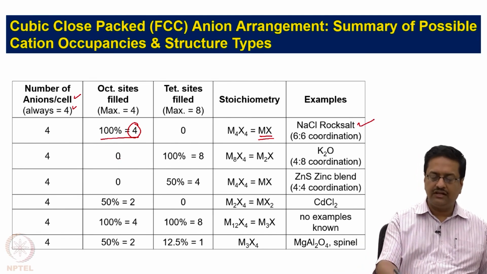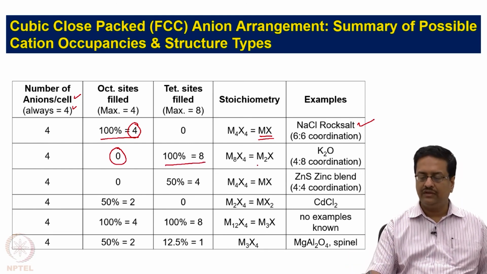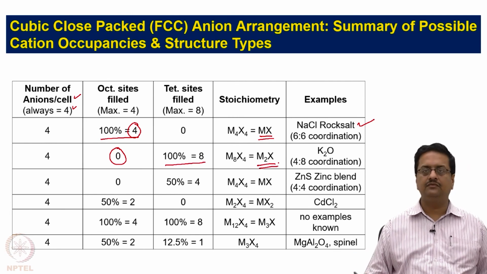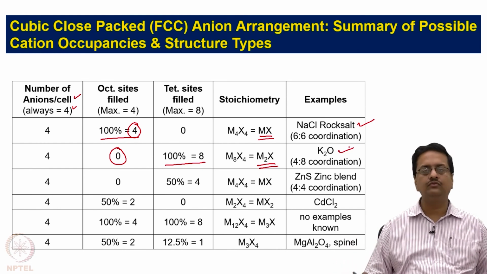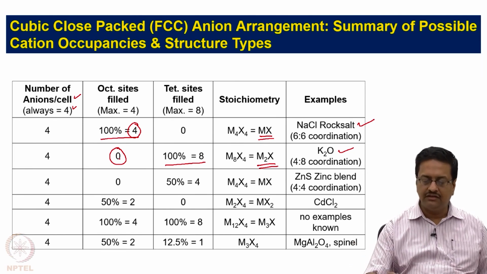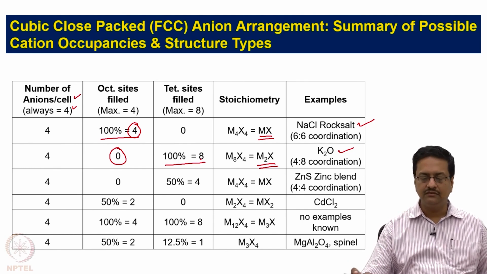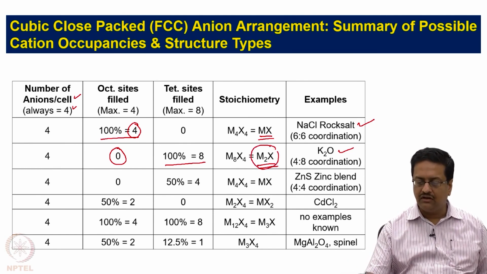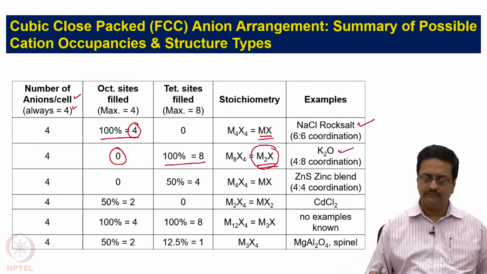The other extreme is when no octahedral site is occupied, but all the tetrahedral sites are occupied, we get a formula of M2X, and we see the K2O structure, a face-centered cubic lattice with a different arrangement of cations and anions, giving rise to a different stoichiometry. One example is K2O.